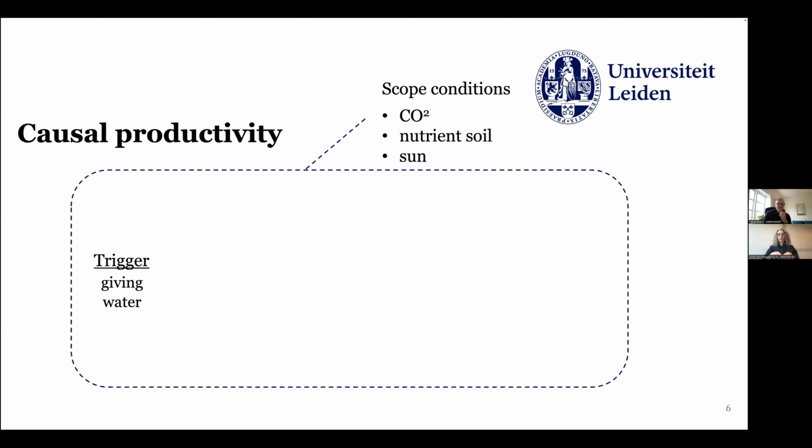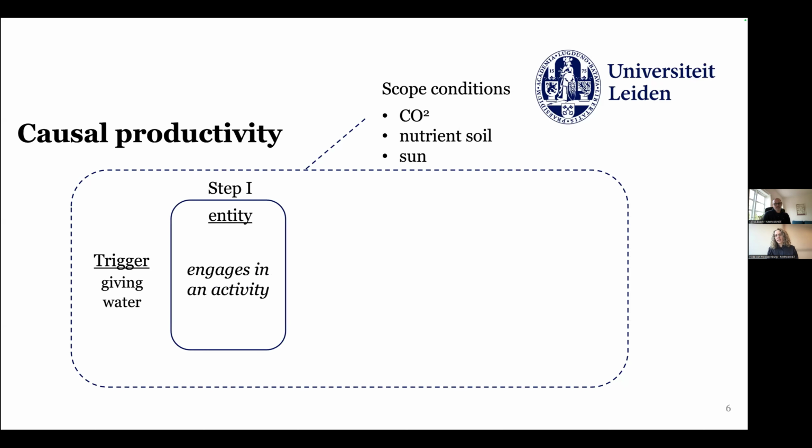We assume that something happens and that triggering that moment, entities start engaging in activities. The first step then would be an entity engaging in an activity, logically triggered by the trigger. Now, in most of our research projects, we'll have human entities, but in this case, it's a tree. So I think a logical first entity in this mechanism could be the roots, right?